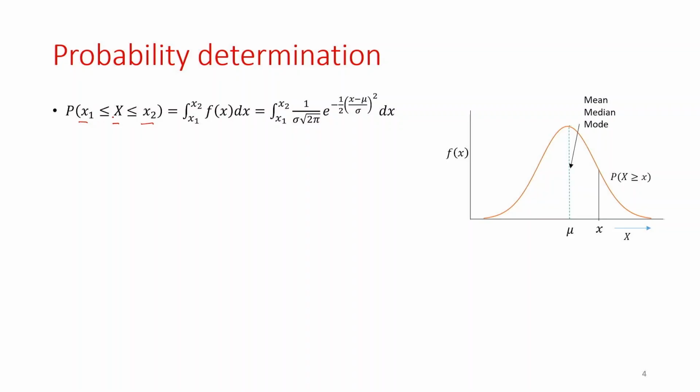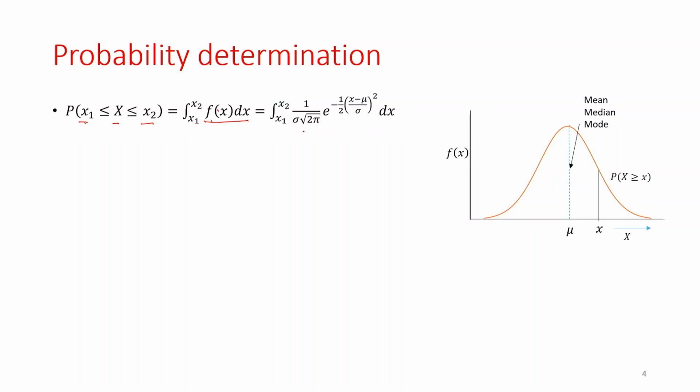So for x taking values between x1 and x2, what we need to do? We take the density function of the variable, which is f(x). f(x) dx we have to integrate from x1 to x2. That will give me the probability between x1 and x2, because we need to find out the area.